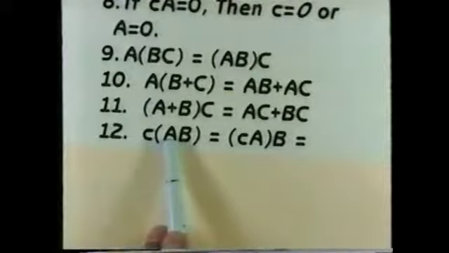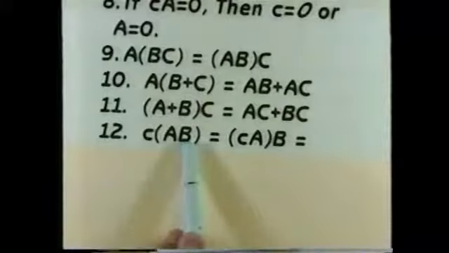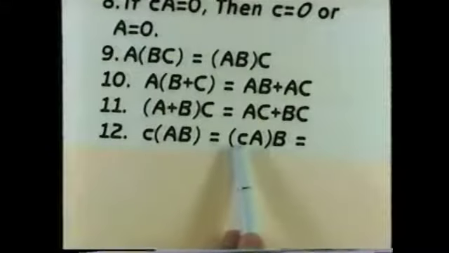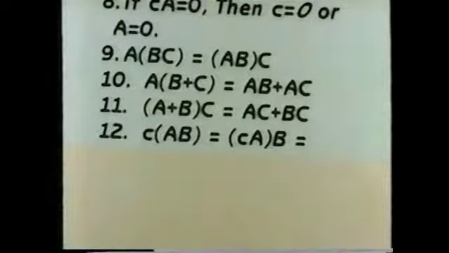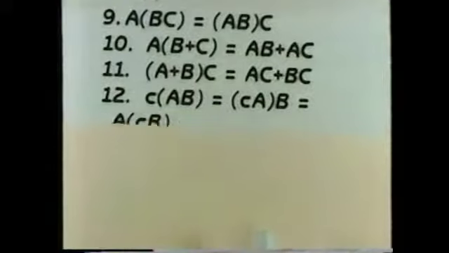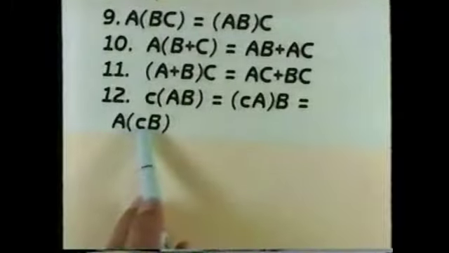The scalar C times matrix AB will give the same answer if I multiply the scalar by A and then multiply the matrix CA by B. That's kind of an associative property. And it doesn't matter which matrix I multiply the scalar with.